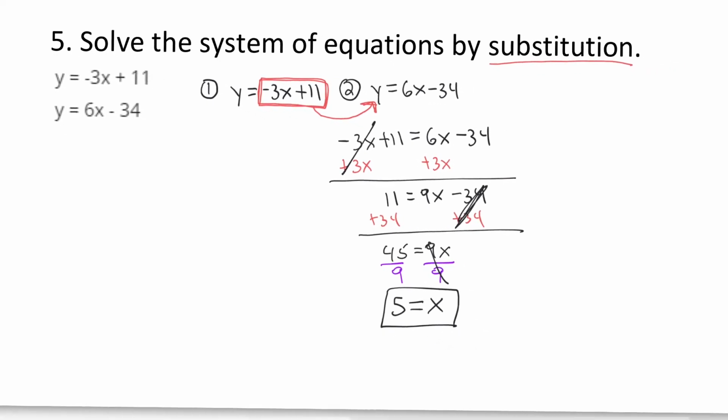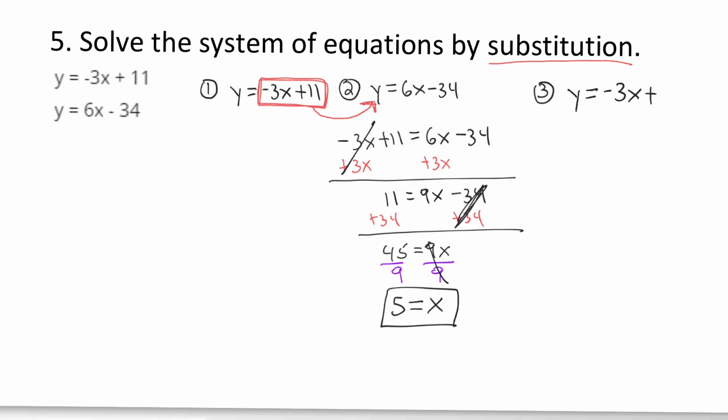So step 3, you are going to substitute that value of x, which is 5, into one of the equations. Doesn't matter which one. You just need to use one equation from the original system. I'm going to use the top, but like I said, it doesn't matter which one you use. Anyone can use the bottom and we will get the same answer.